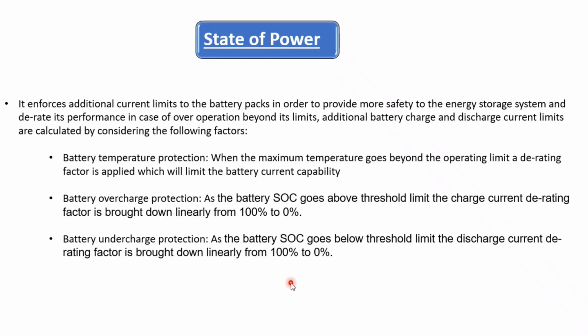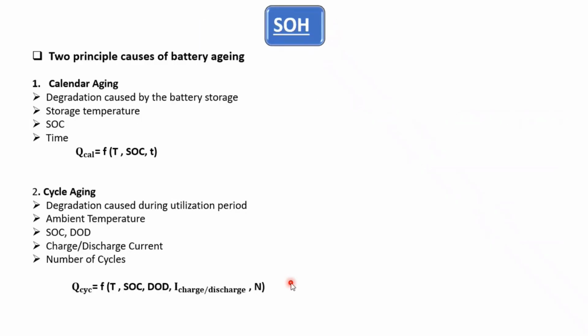But what is the physical sense of these two different agings? Because the calendar aging will also depend on my DOD. If the DOD goes too low, it will affect my calendar aging. I'm just trying to understand in a physical sense. Can you help us with that? Yes, because these two are anyway trying to relate to the state of health.